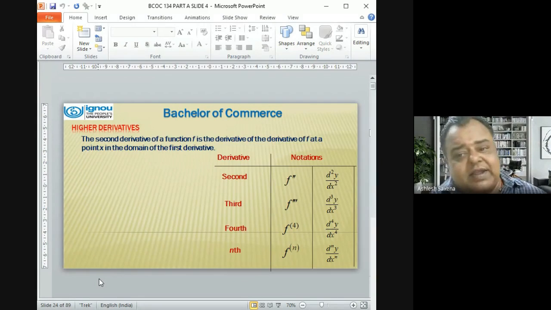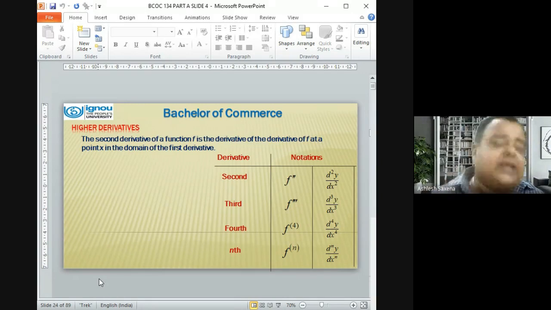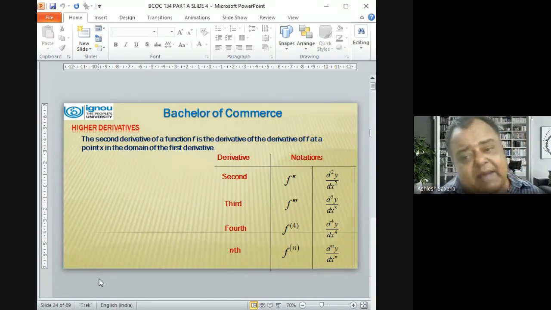Second order, f''(x) or d squared y upon dx squared. Third is f'''(x) or d cubed y upon dx cubed. Fourth is f to the power 4, d to the 4 y upon dx to the 4, and so on. For the nth, it is d to the power n y upon dx to the power n.